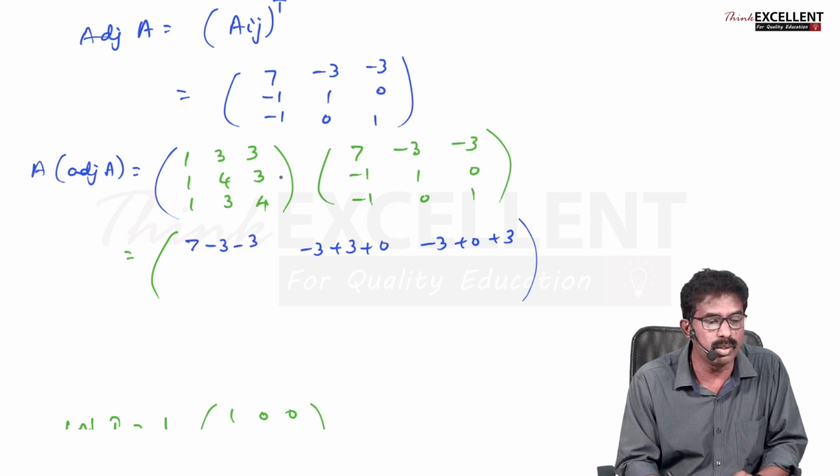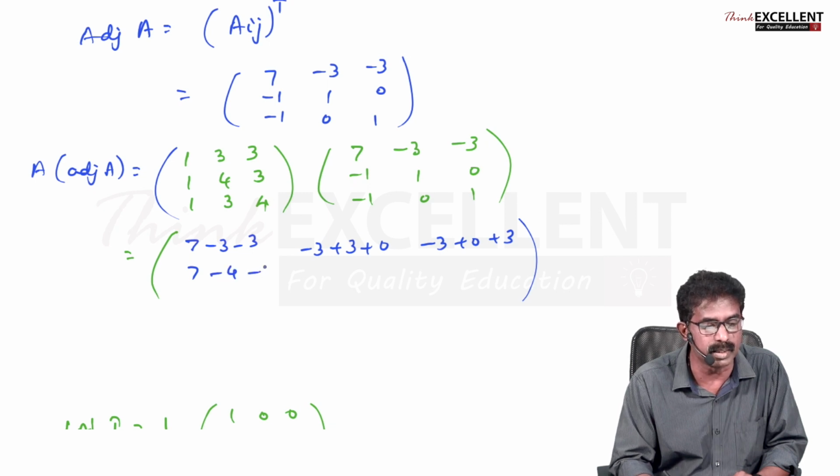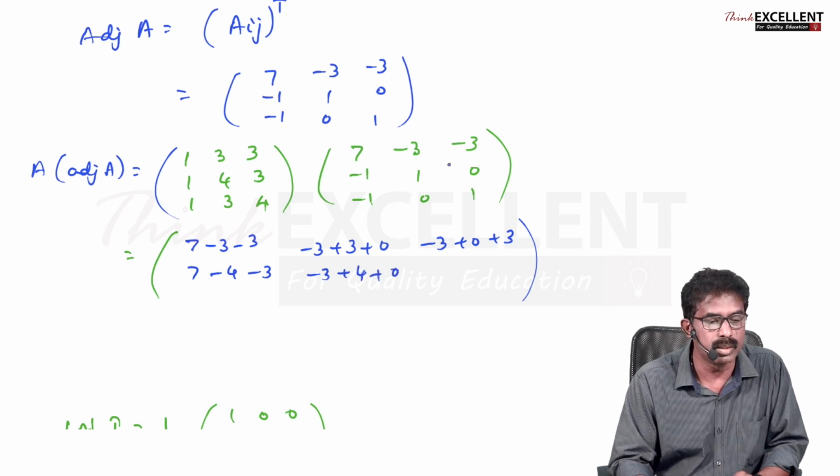Second row, first column: 1 into 7, 7; 4 into minus 1, minus 4; 3 into minus 1, minus 3. Second row, second column: 1 into minus 3, minus 3; 4 into 1, 4; 3 into 0, 0. Second row, third column: 1 into minus 3, minus 3; 4 into 0, 0; plus 3 into 1, 3.